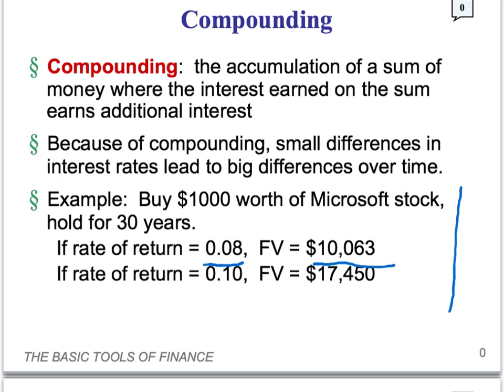In 30 years, you're making a 1,000% increase. However, at just a few percentage points higher, you're doing almost twice as good. So it just shows you how a couple of percentage points here and there can really shift a financial decision in a very significant way.